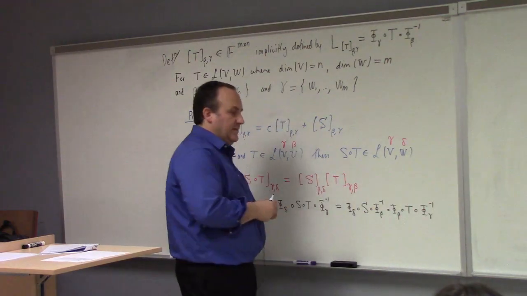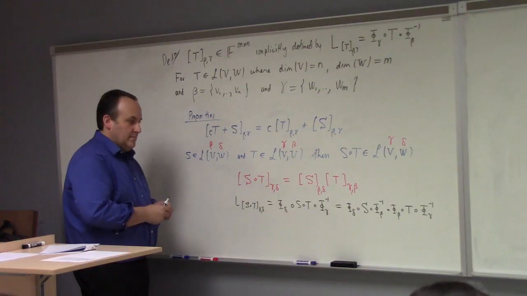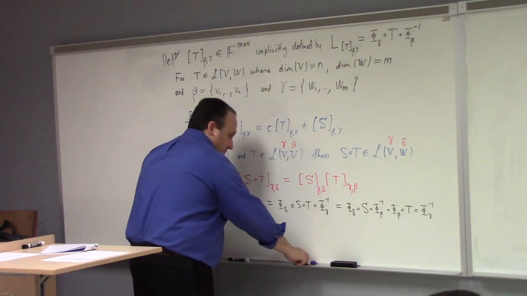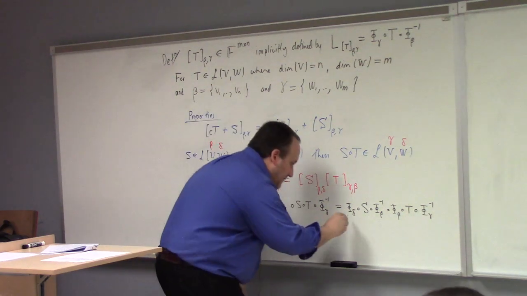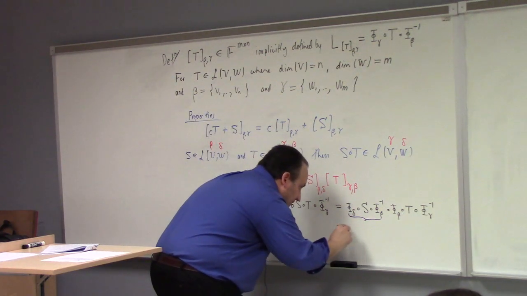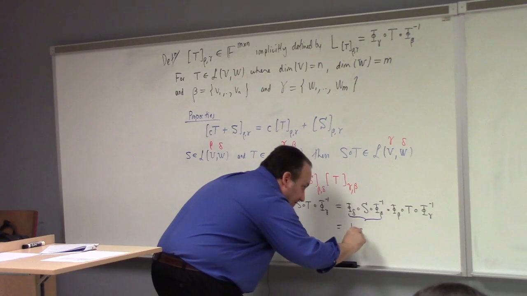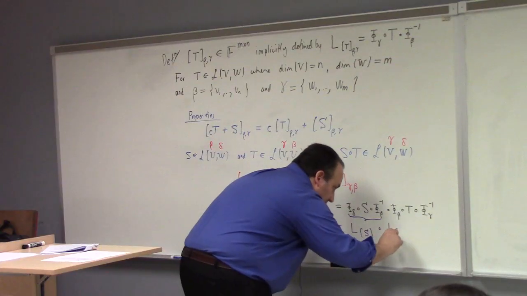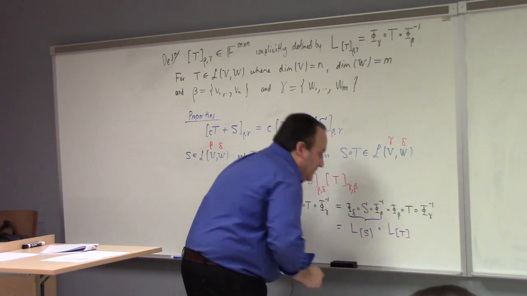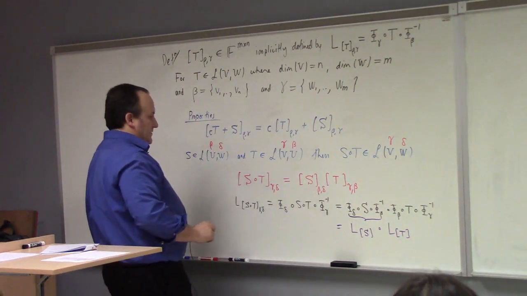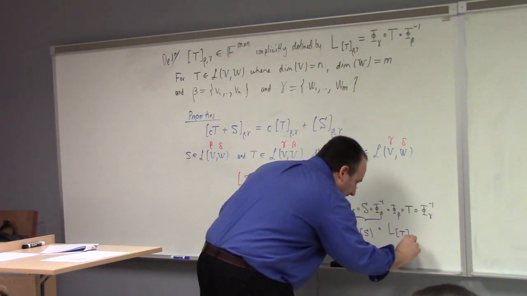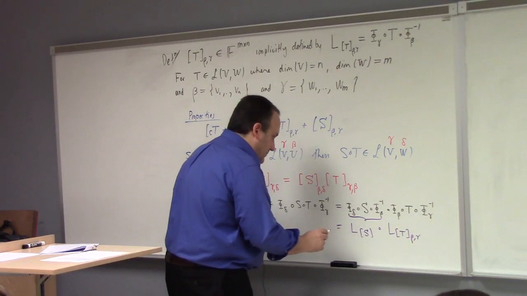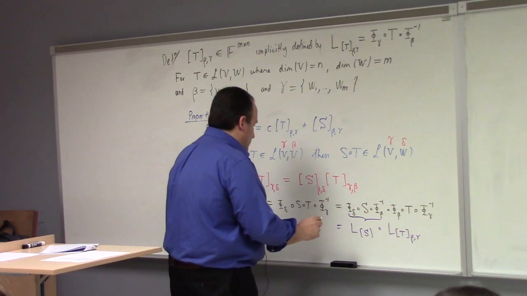All right. But what's this? This is left multiplication by S something, right? Composed with left multiplication of T with something. In particular, T beta gamma and S beta delta.